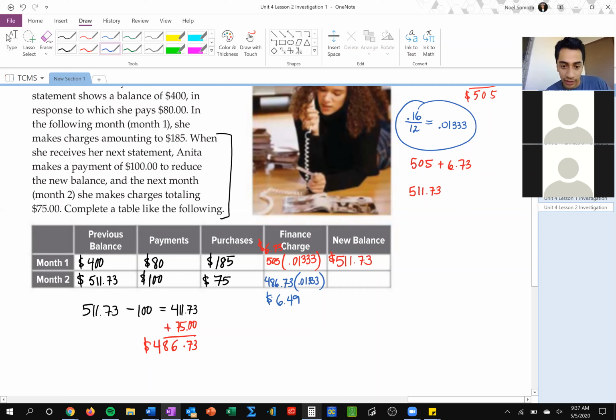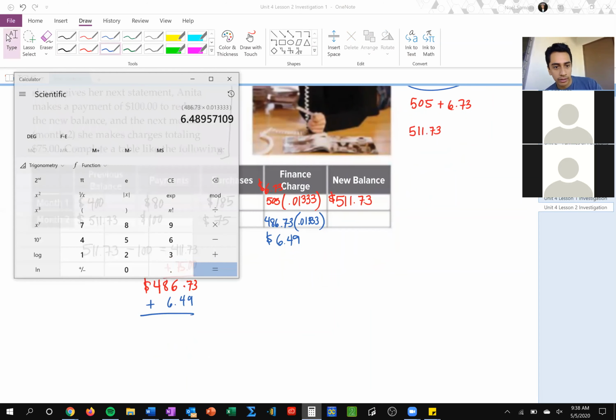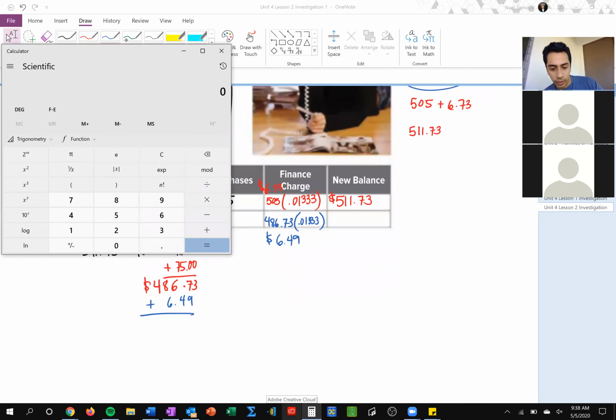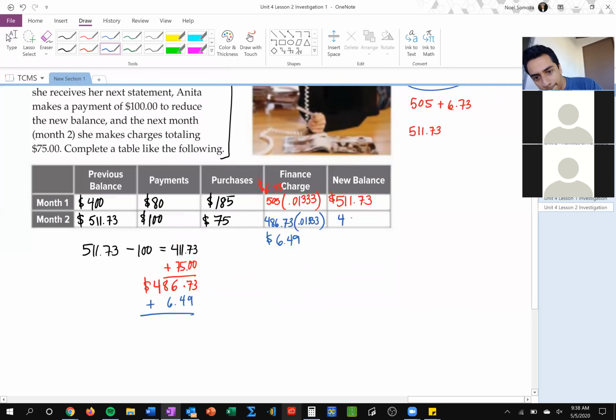So since that's what she has to pay in interest, now we can add those $6.49 onto her existing balance. Okay. And if we do that, let's go ahead and do it here. We have $486.73 plus $6.49. So she's back up to $493.22. Okay.